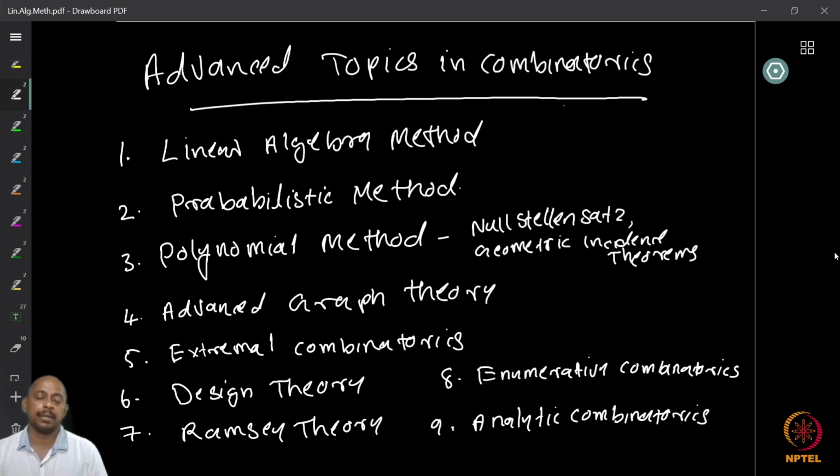Their properties, and for example eigenvalues of linear operators, and several tools from linear algebra are there, and these can be used quite effectively in obtaining proofs for many combinatorial questions where we don't really see a nice combinatorial proof.